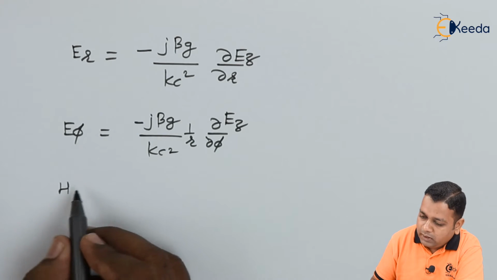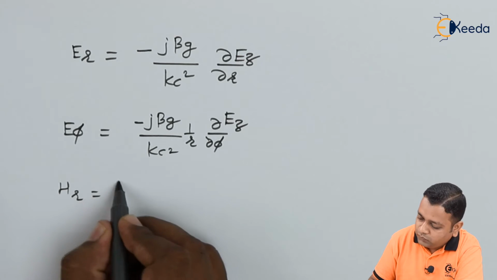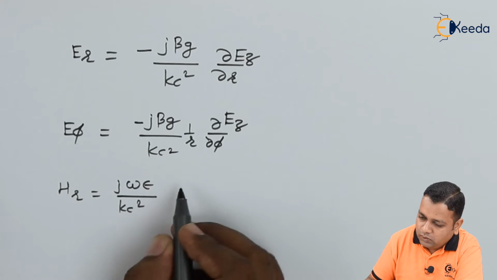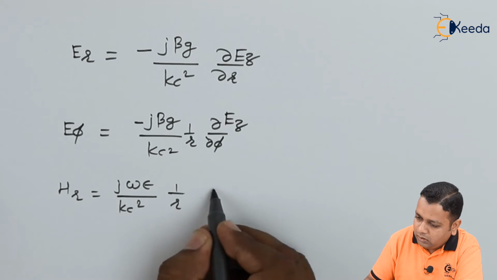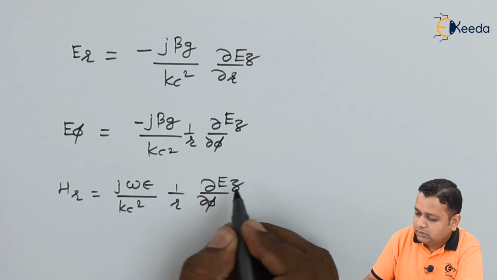Next to that, for magnetic we have Hr component expressed as j omega epsilon divided by kc square into 1 by r del phi of E suffix z.